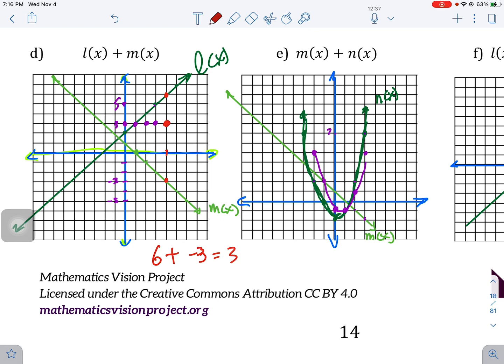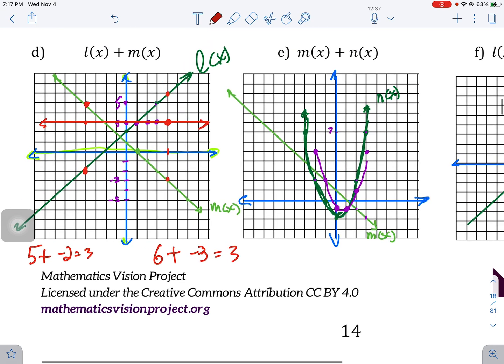So I have another point at 3. I can do it on the other side. Let's say I have a point here and a point here. So I've got 5 plus negative 2 equals 3. And what you realize is that because both of them are linear and the slopes are opposite here, the sum is a straight line function.